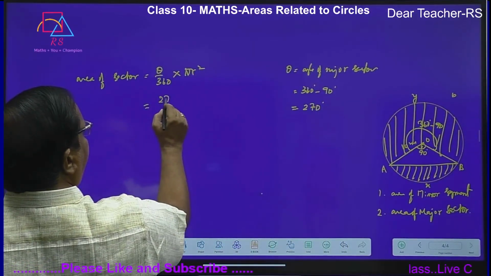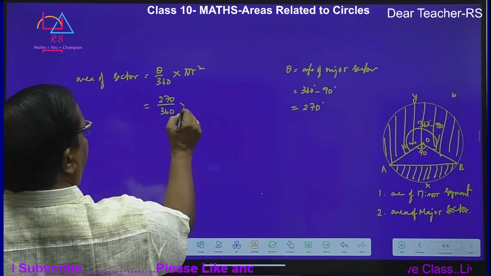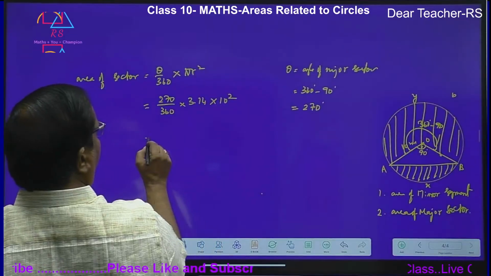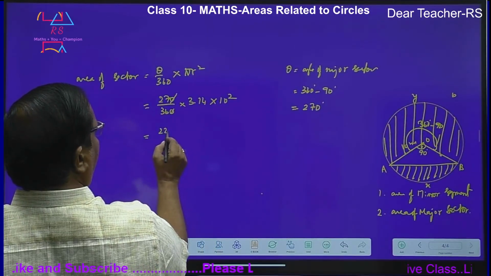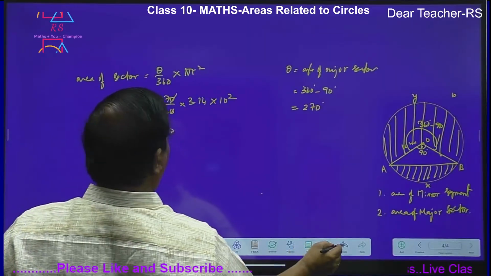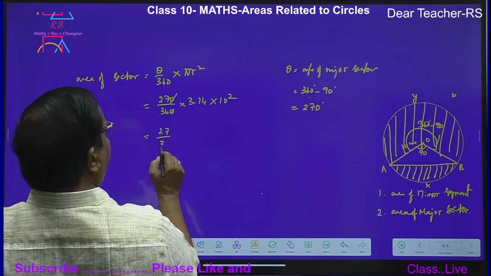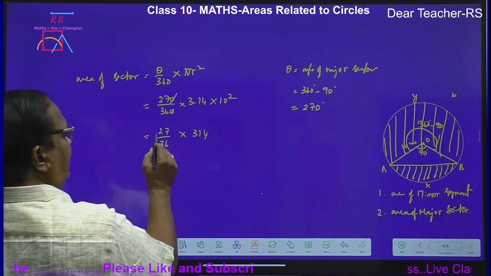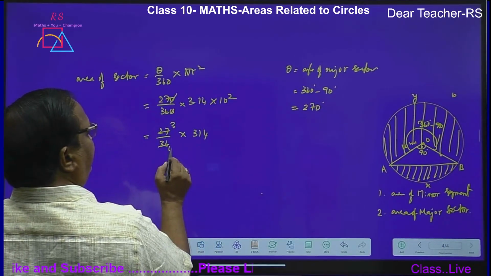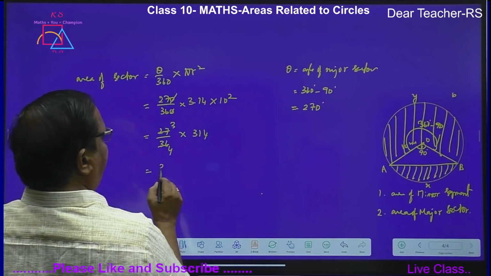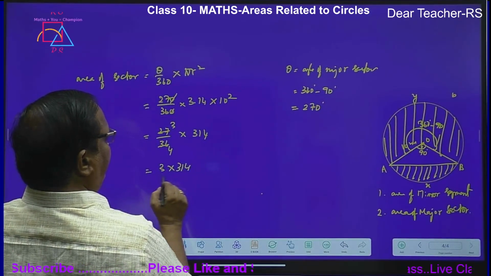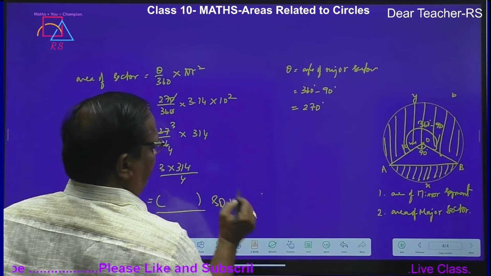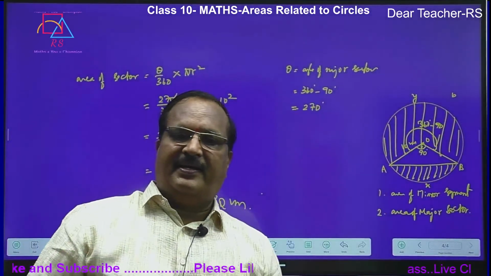So 270 degrees by 360 into 3.14 into 10 square. So cancel. 27 by 36 into 314, okay. 9 table will cancel, 3 by 4. So it is equal to 3 into 314 by 4. You will be getting some answer, square centimeter. Don't get confused.